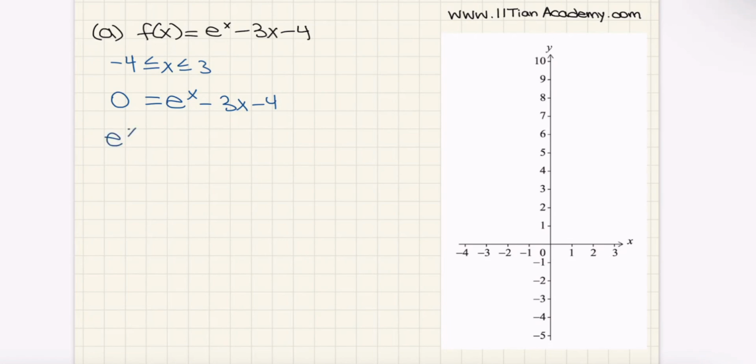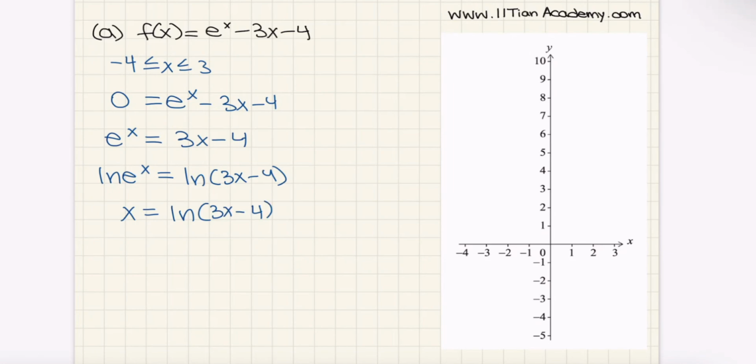So e to the power x is equal to 3x minus 4. And then we can ln both sides. So let's do that. Ln e to the x is equal to ln 3x minus 4. So therefore, x is equal to ln 3x minus 4.